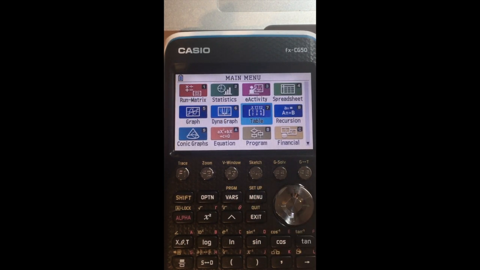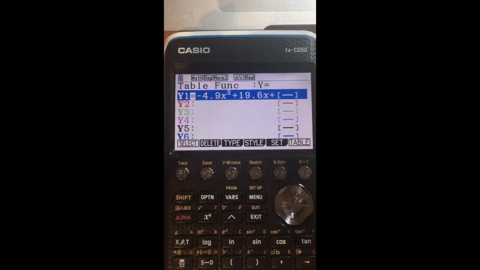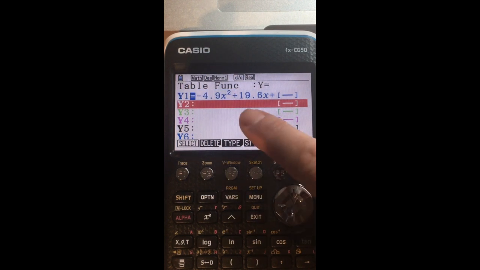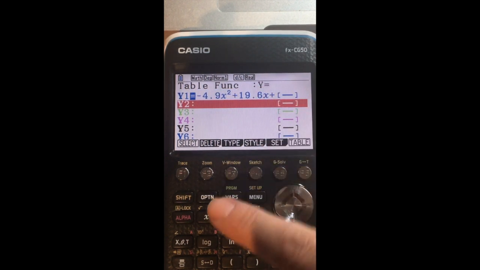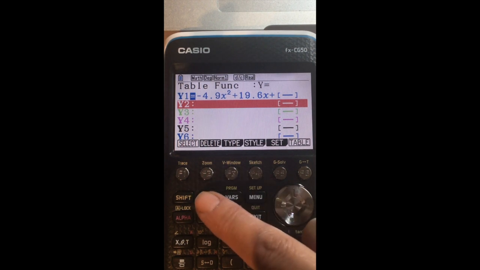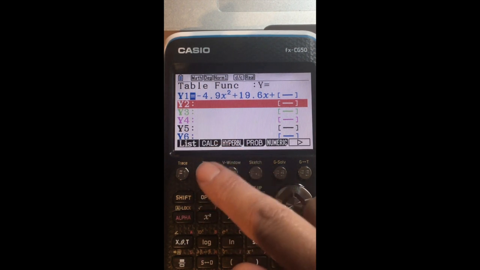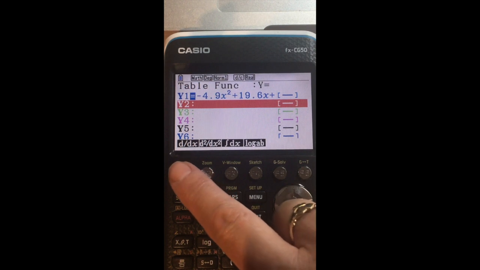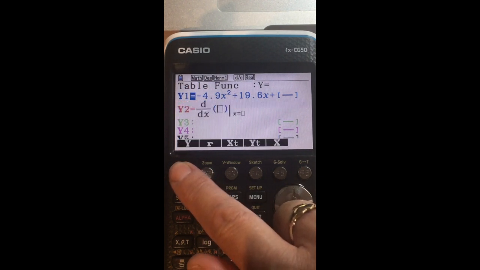Now go back to the table, because the next question is asking us to find the instantaneous rate of change at t equals 1, 2, and 3 seconds. So I need the gradient function. In order to do that, I'm going to ask it to calculate the derivative of this equation. I press Option, then go to Calc, and I want the first one here, the first derivative.